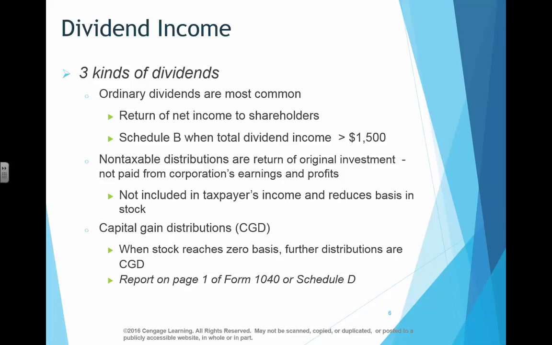So, and I don't know what the box numbers are, but let's say in the ordinary dividends box, you have $1,173. Next to it is going to be a box that tells you how much of that is qualified. That's not in addition to the 1173. That's what portion of the ordinary dividends are qualified.